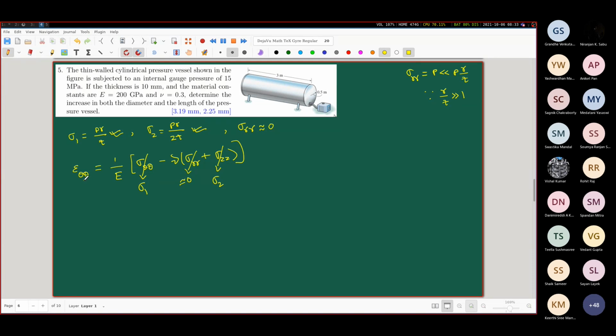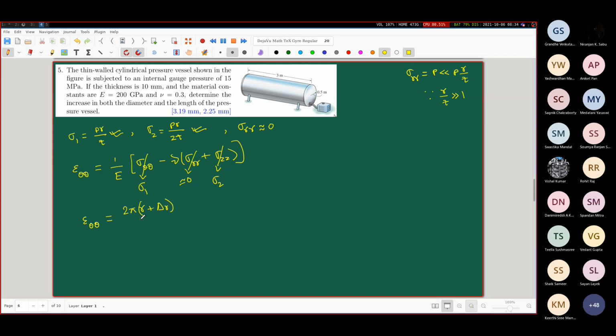Now epsilon theta theta in terms of the change in the dimensions of the pressure vessel, what is it? Who can tell me? Sir, increase in the circumference. Tell me in terms of the actual formula. So 2 pi into delta R. Yes, so it is 2 pi (R plus delta R).